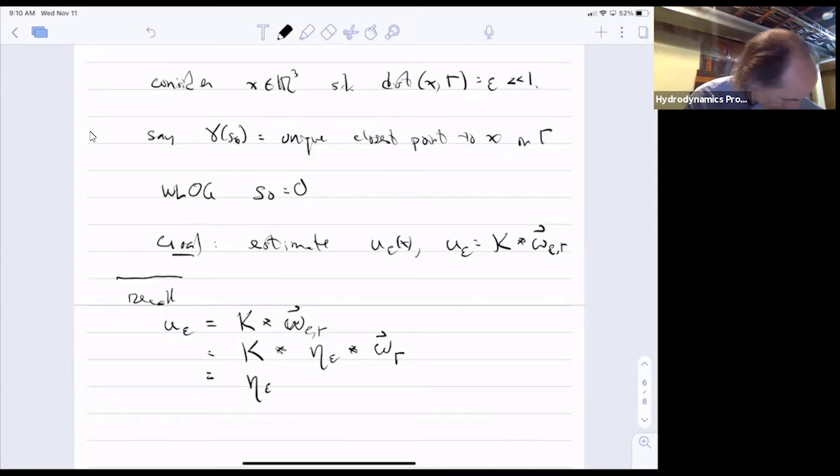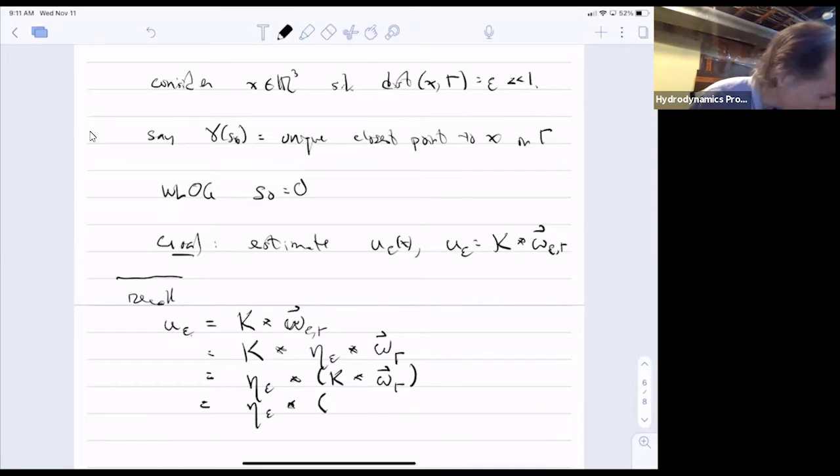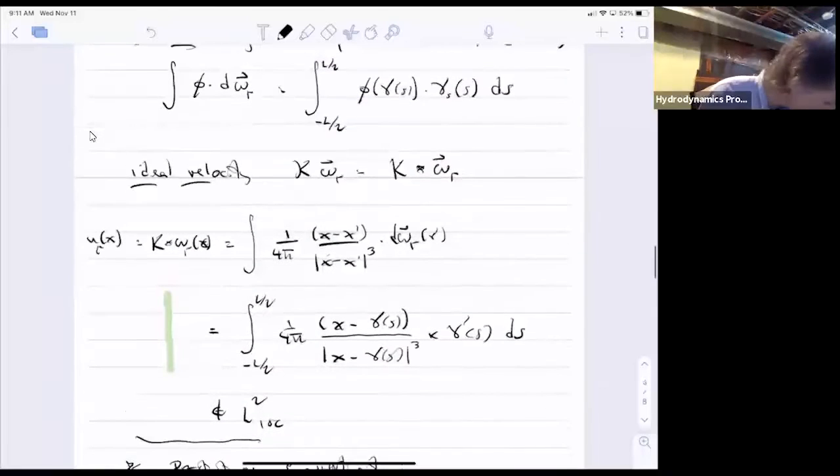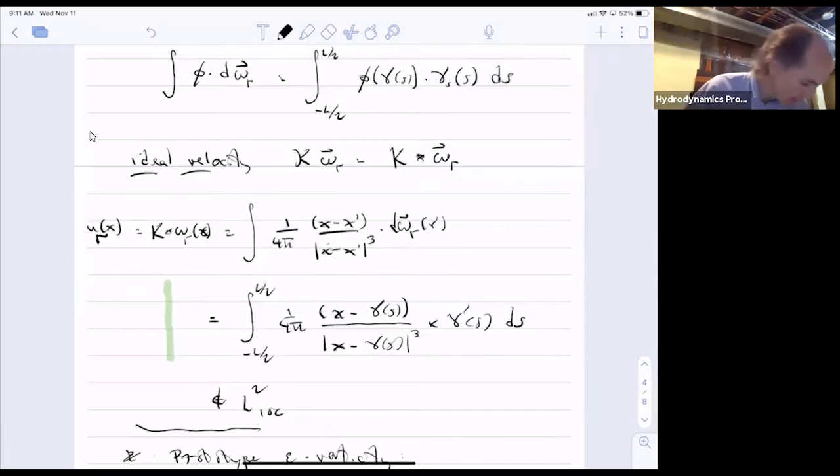And so this is eta epsilon convolved with the BSR kernel applied to omega gamma. And that's just eta epsilon convolved with the velocity field generated by omega gamma. I think we called it u gamma. We may have written it up here someplace. This u gamma is here. So we have an explicit formula for that.